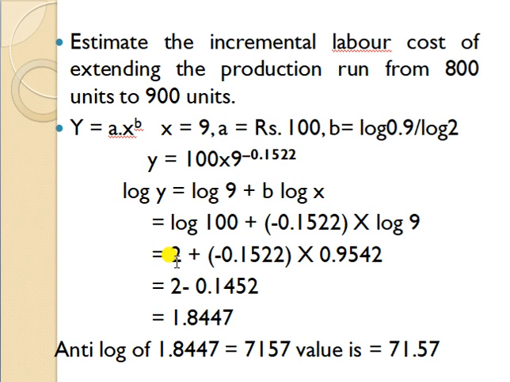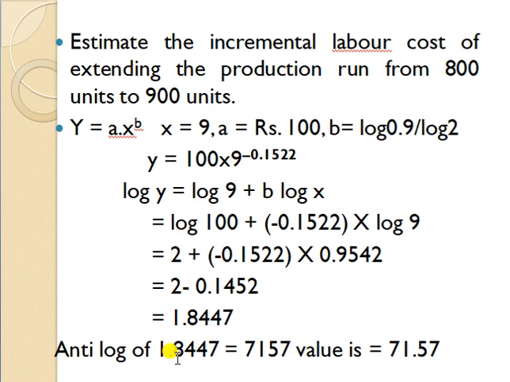As per logarithm principles, log 100 is 2, plus minus 0.1522 multiplied by 0.9542. So 2 minus 0.1552, total 1.8447, the log of 1.8447.